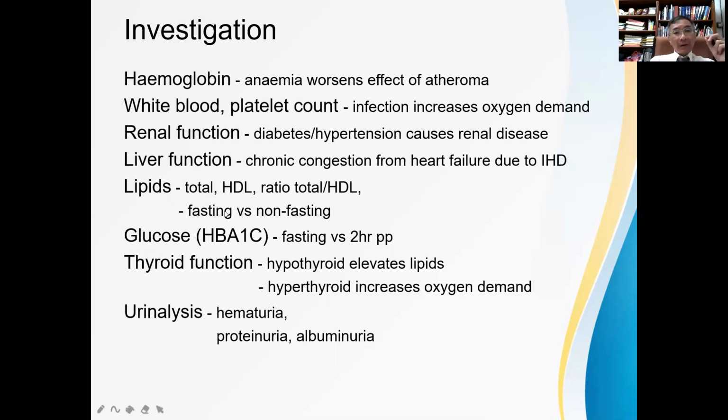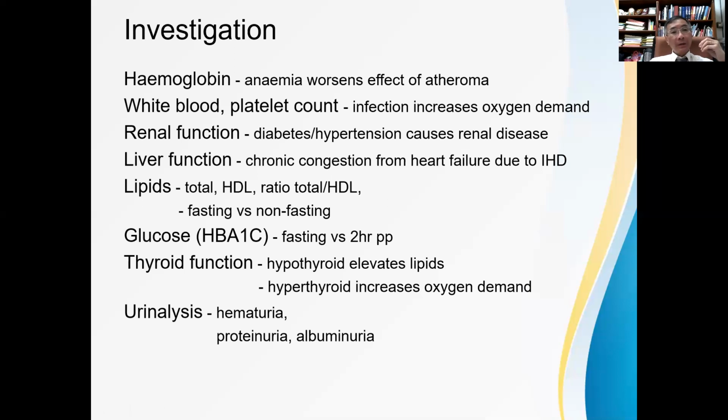Now, should we do a fasting lipid or a non-fasting lipid? The reason why we do a fasting lipid is because the triglyceride level is affected by fasting, and the LDL level is calculated from the triglyceride level. So in the fasting state, we are able to calculate the LDL level, and many authorities cite LDL target levels for us to reach and for us to begin treatment from.